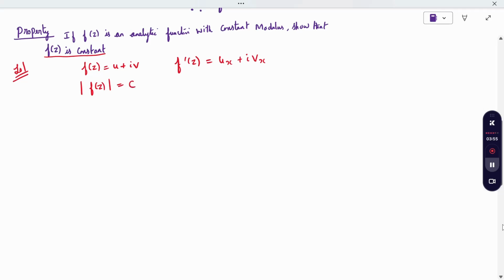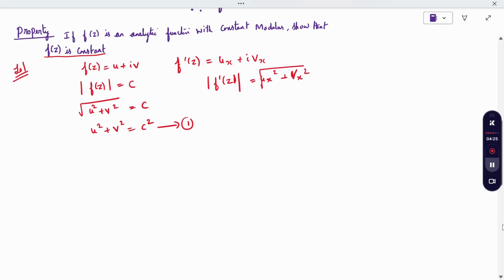So modulus means the square root of u squared plus v squared equals constant. If I remove the square root, u squared plus v squared equals c squared. I will have this as equation 1. In the same way, the modulus of f dash of z is the square root of ux squared plus vx squared.